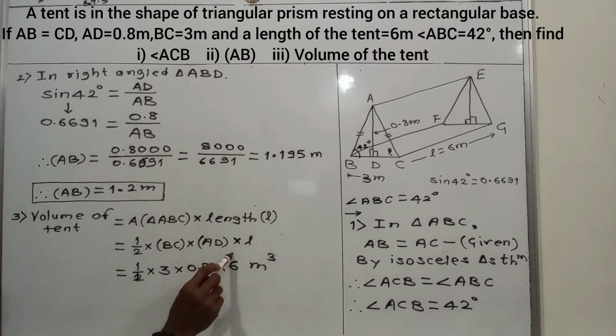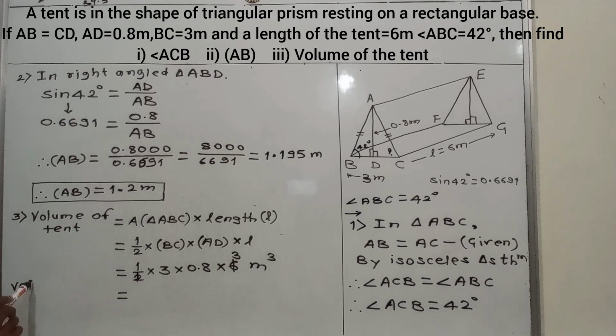Therefore the volume of the tent is equal to 3 into 3 is 9, 9 eights are 72, and with a single decimal place we put the decimal point: 7.2 meter cube. This is the volume of the triangular prism shaped tent.